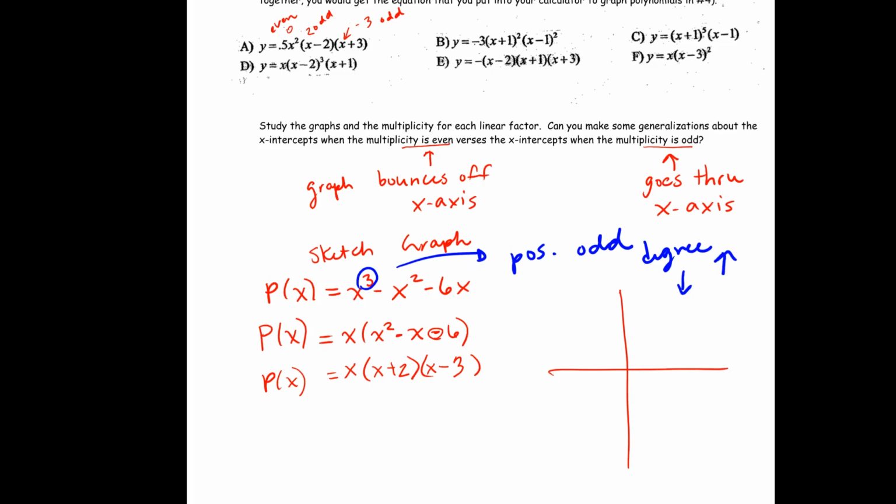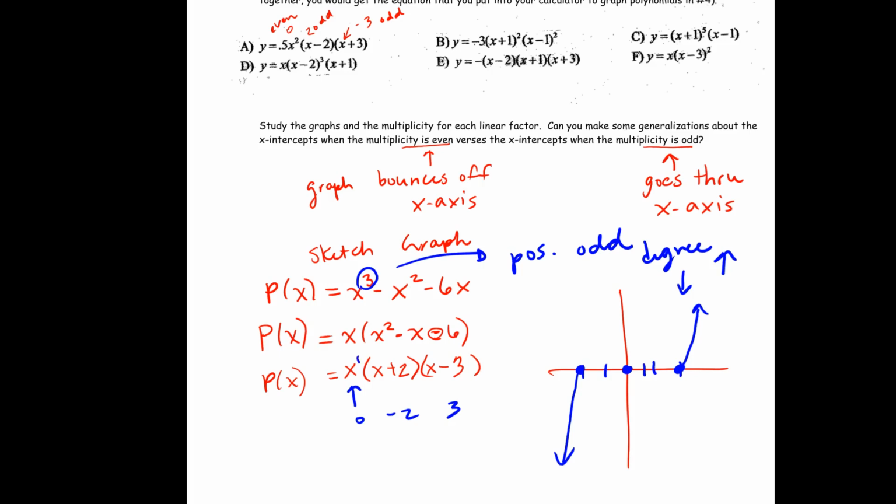Okay, what are the zero values? What are my zeros? 0, good, 0, 3, and negative 2. So 0, negative 2, and 3. I know it's going to go down, up. So I know that here it's going to go down, here it's going to go up. And now we use our observation about the multiplicity.